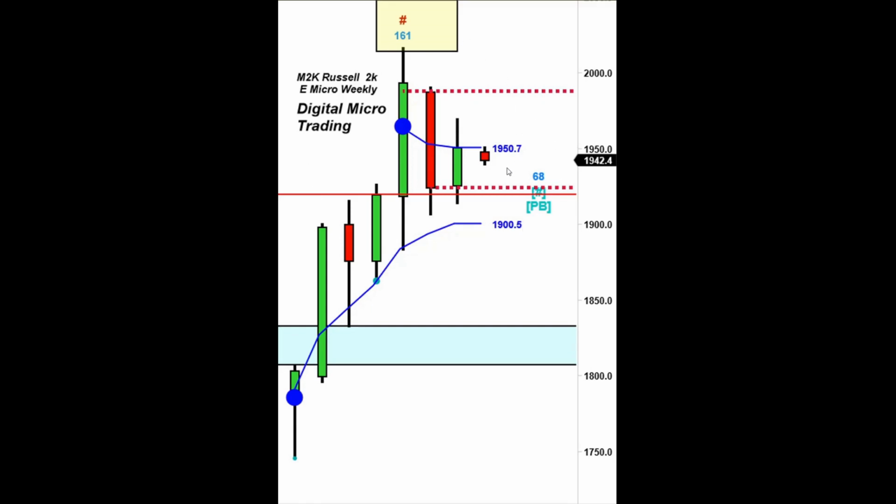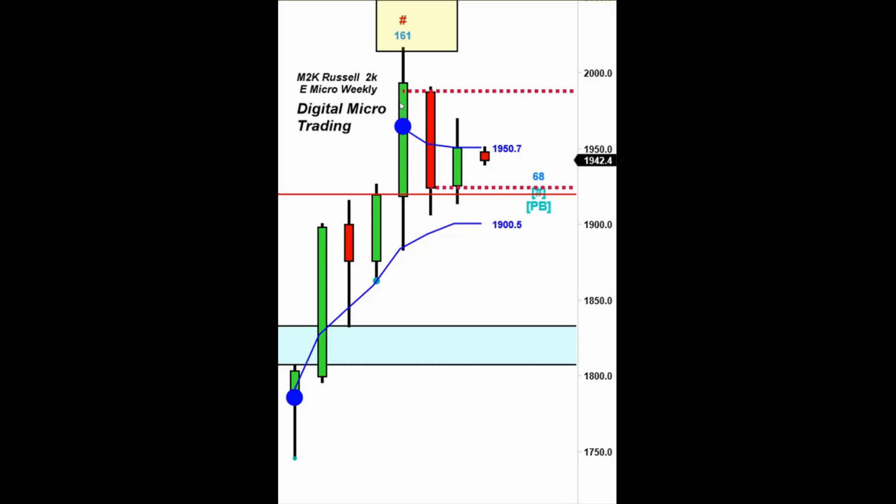I posted this on my Twitter. This was the weekly chart Monday, and what concerned me was we had consolidation for the whole of February with lower highs, 1, 2, 3, 4, and the dotted line below had been hit multiple times. My concern was with an average volume weighted price of 1950 above and below 1900.